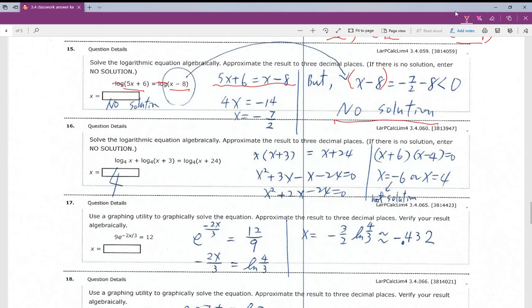Number 16, we follow the formula. When you have addition, you change it to multiplication. Again here, I think I have a shortcut. Let me write one more step. So follow the formula. Log base 4, and you have x, and it becomes multiplication. If you bring these two together, you just copy.